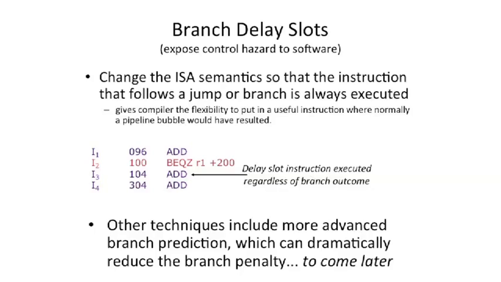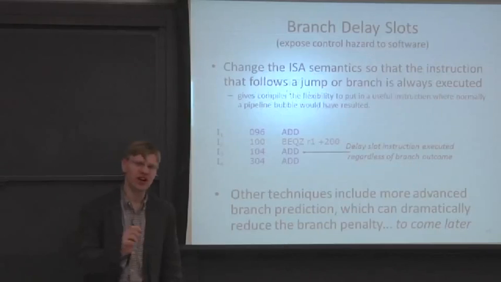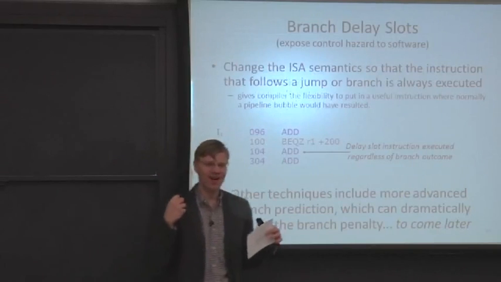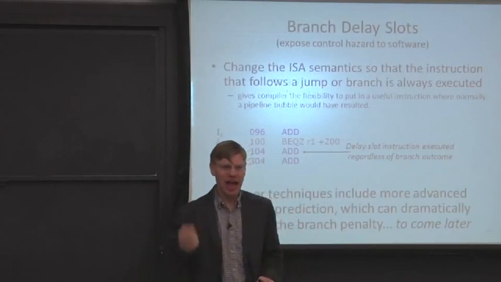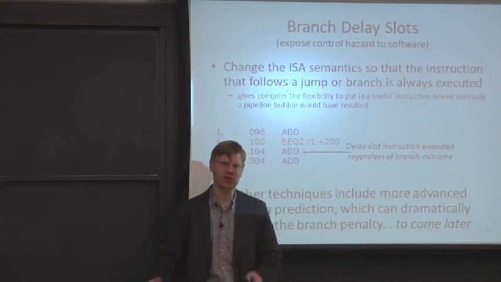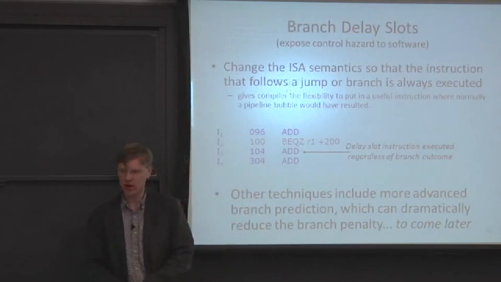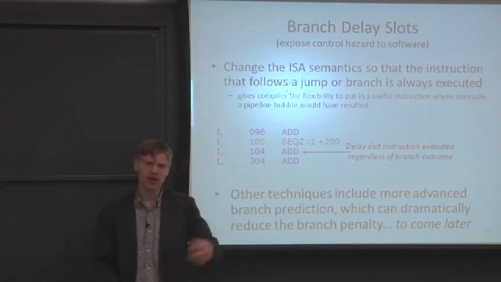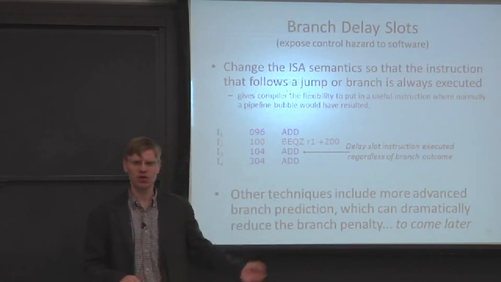So this is only one approach. Another approach is you can expose it to software. So we can change the instruction set architecture. And what's really cool here is the instruction set architect can actually have an impact on what's going on here. This is not all microarchitecture issues. It's not all fancy branch predictors, as we'll be talking about later in this course.